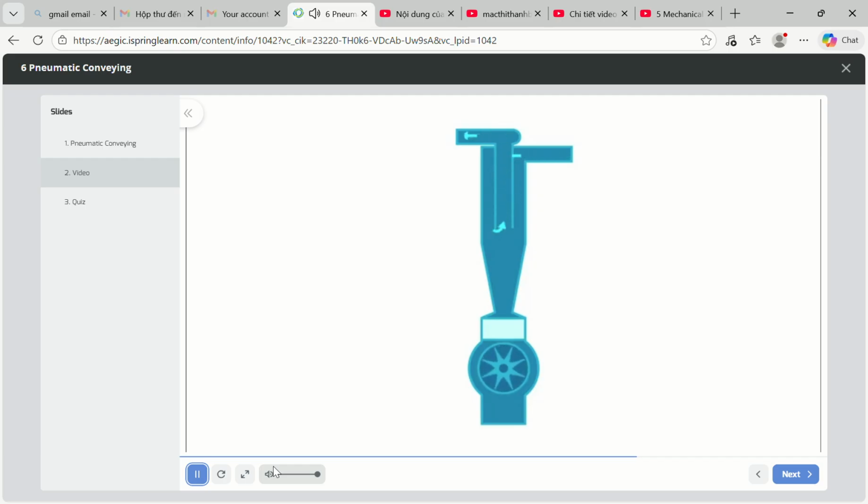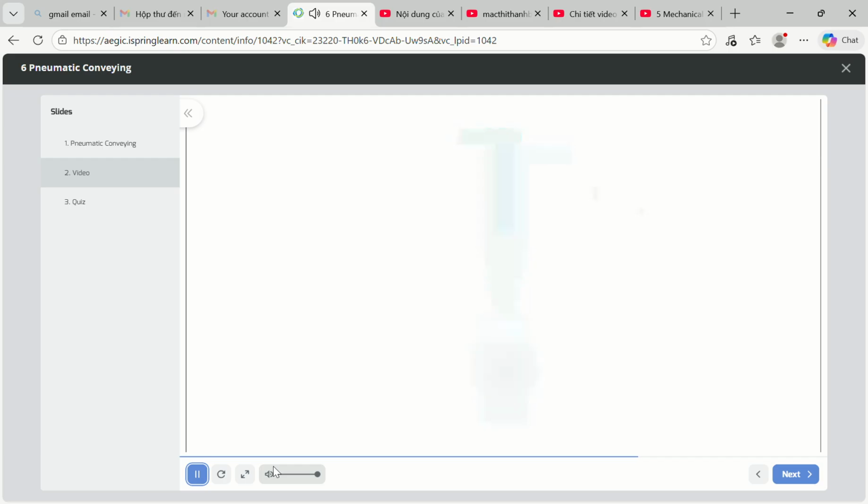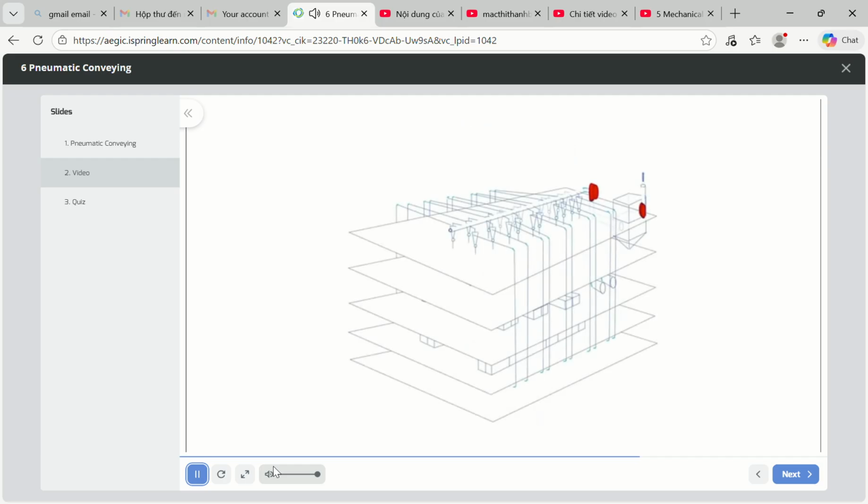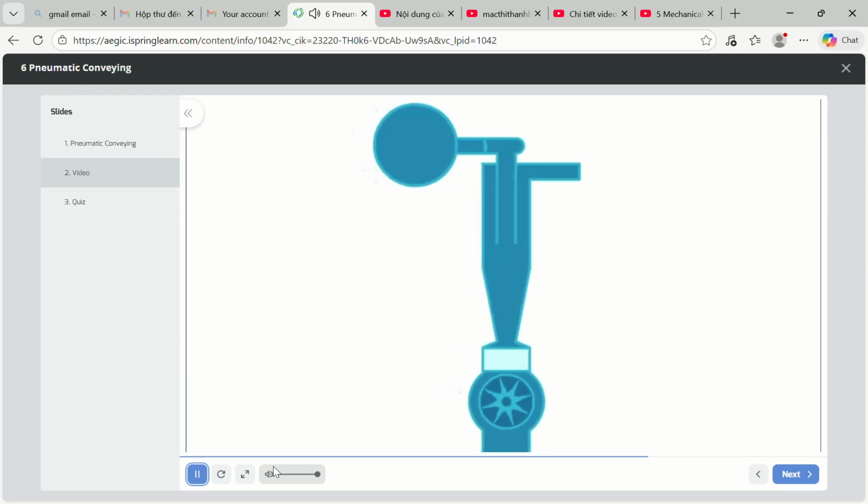Fans and baffles help control airspeed. There is a baffle immediately upstream of the main fan to control the overall airflow rate. There are also baffles immediately downstream of each cyclone to control the air strength for each pickup.